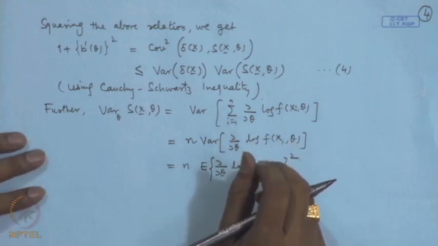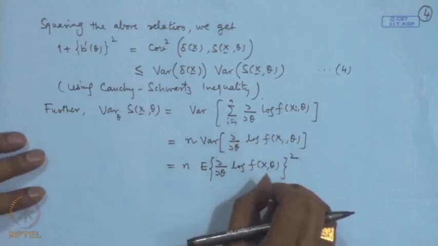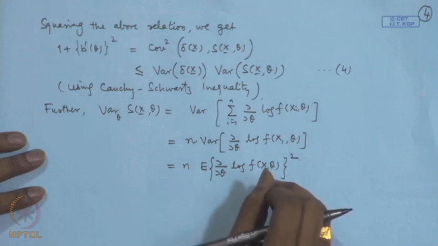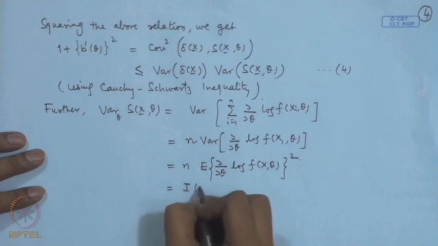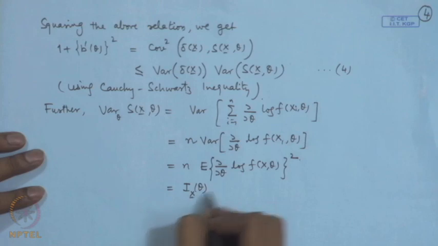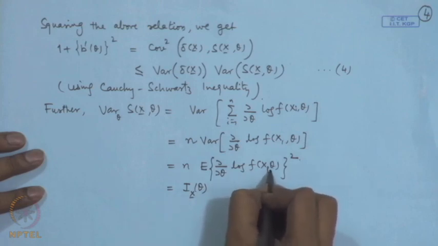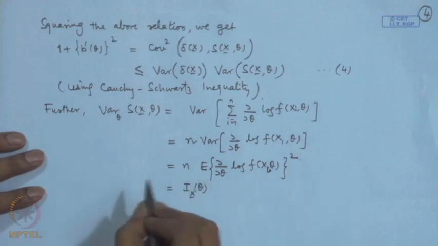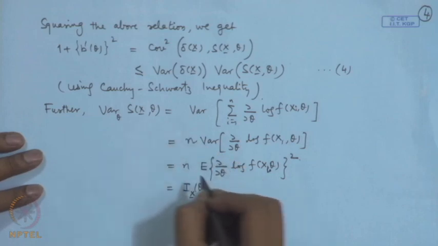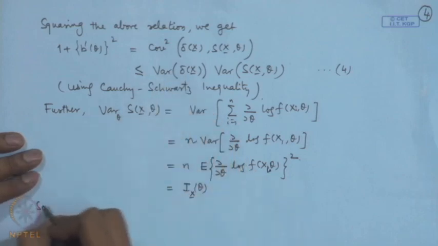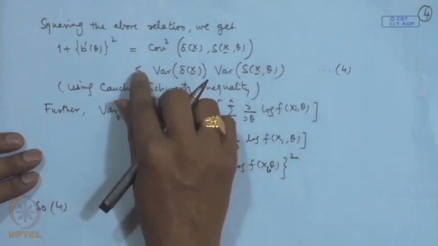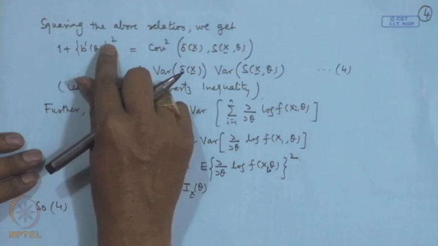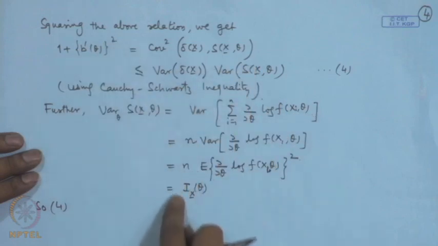If we are using the notation I theta for this term, then this is nothing but the Fisher's information, we can say Fisher's information contained in the full sample. So, this we can then write: here we are having variance of delta x greater than or equal to 1 plus b prime theta whole square divided by this, and that term is this.